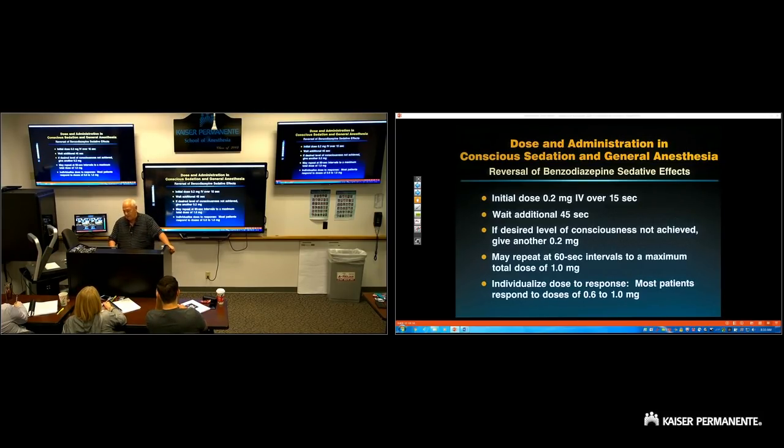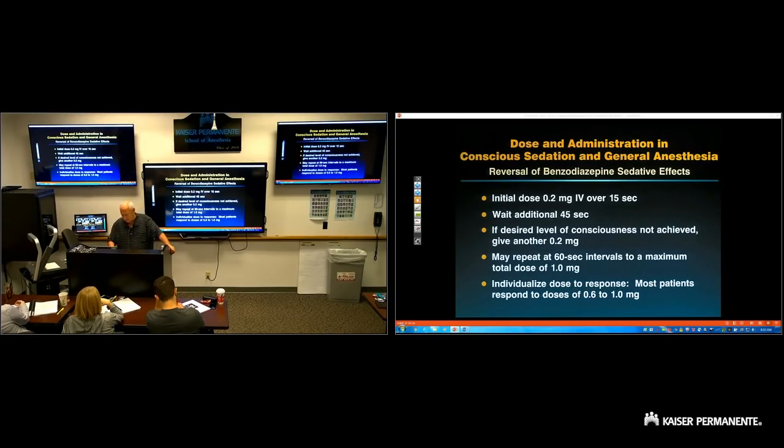If the desired level of consciousness is not achieved, just give another 0.2 and so on and so forth. You can repeat it in 60-second intervals to a maximum dose of 1 milligram. If you've given 1 milligram of flumazenil and the patient isn't any more awake, then it's not a benzodiazepine that's putting them to sleep. There's some other issue or drug that's making them sedate.